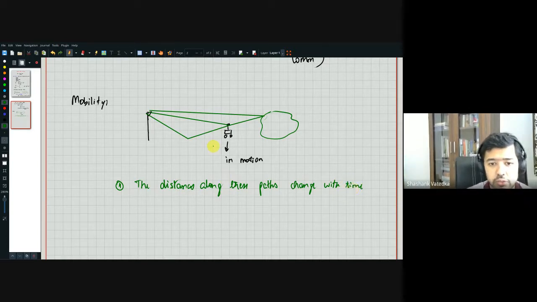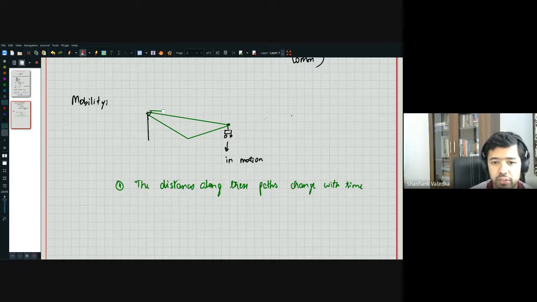Let's assume that there is just one reflector. If the receiver is in motion, and let's assume that it is going away from the transmitter, then the length along the direct path and the length along the reflected path change with time.